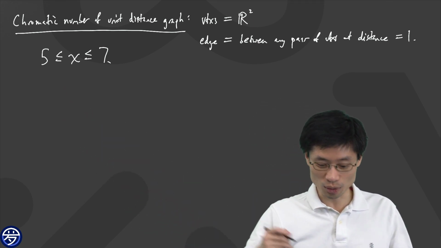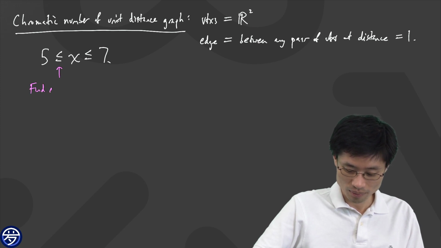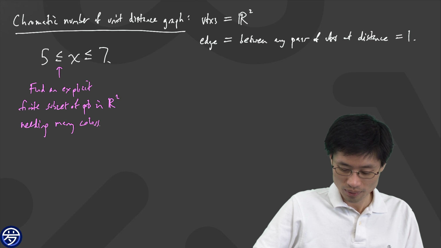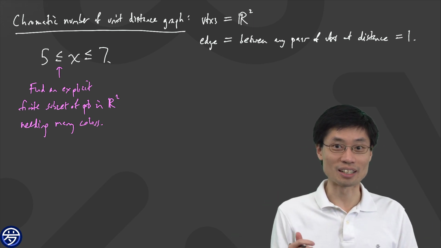So this lower bound comes from finding an explicit finite subset of points in R2 needing many colors. That basically reduces this problem to a normal finite graph problem.